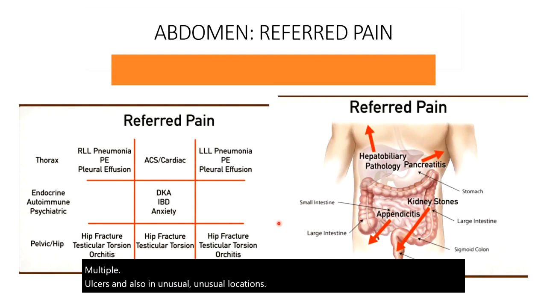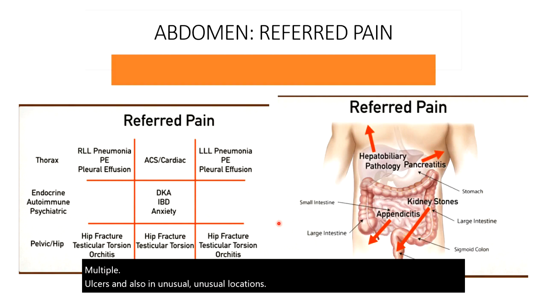Let's talk a little bit about referred pain. When we have stones in the ureter or in the kidneys, we're going to feel the pain in the rectum, and sometimes, depending on the location of the stone, in the testicle area or groin in males.